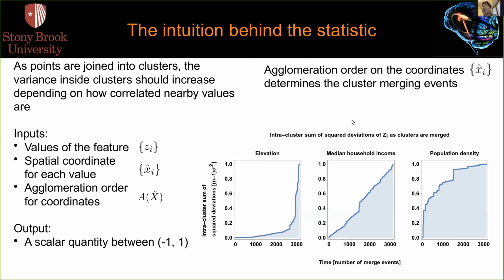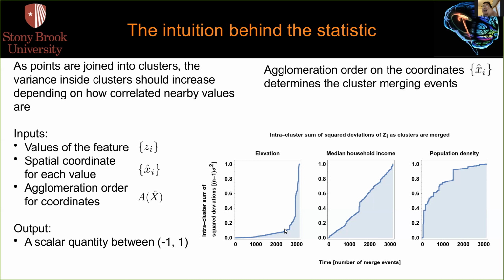And well, how do we do that? We essentially keep track of the intra-cluster sum of squared deviations. The intuition is that once the agglomeration order is started, all the points are singletons. They're the clusters themselves. So within those clusters, each cluster is a singleton and their variance is 0. So things start out on the left at 0. Now, as the clusters are joined into larger and larger clusters, this variance is bound to increase.